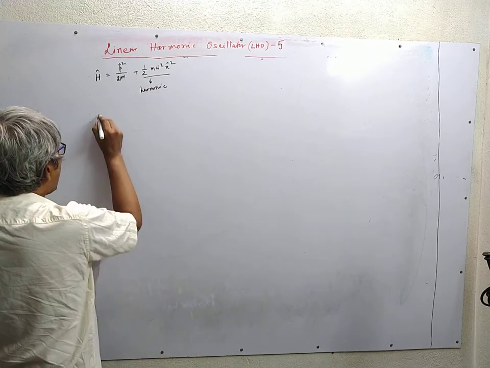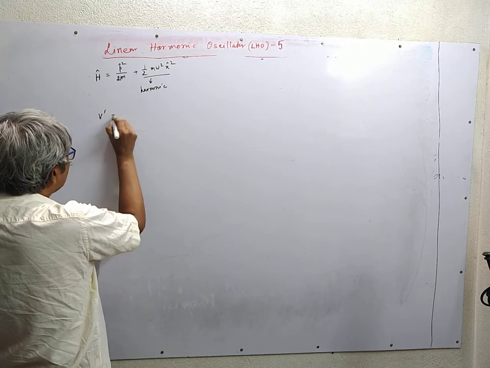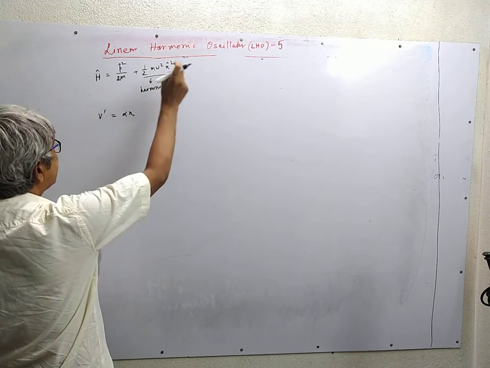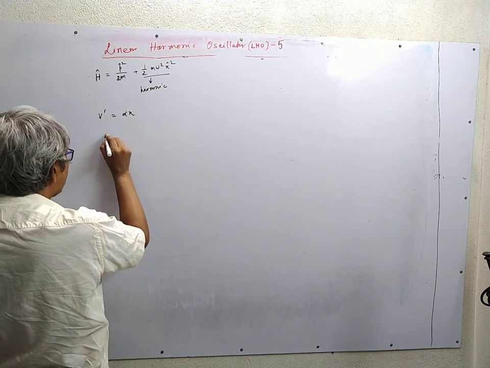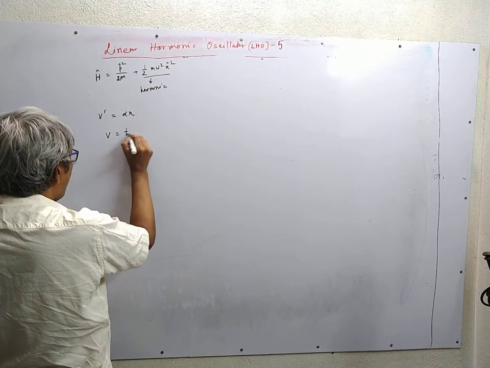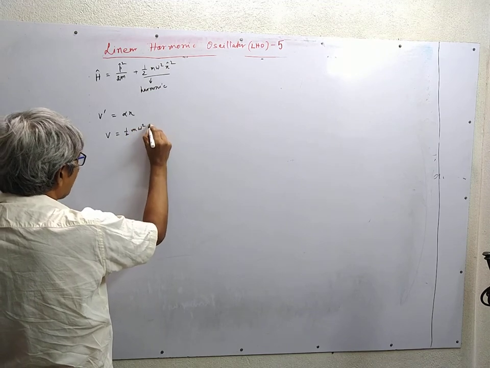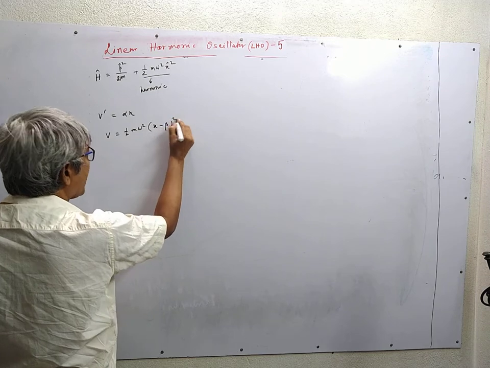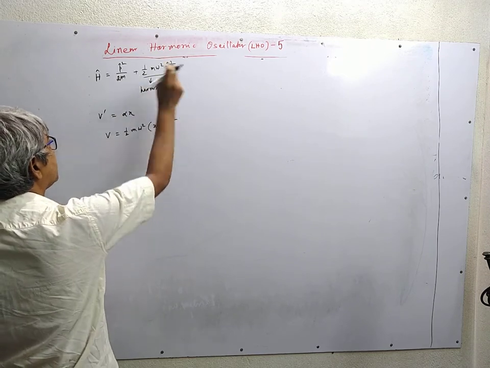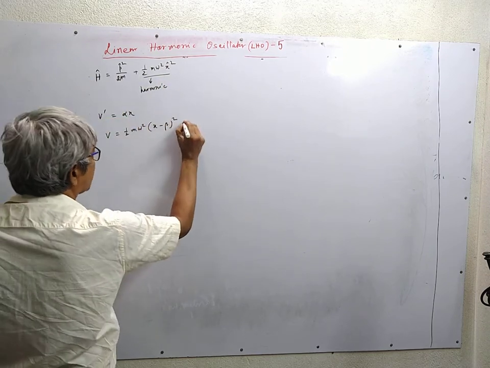Even if we add a potential V prime, which is alpha x, then this can be incorporated within this, and we write V is equal to half m omega square x minus say beta square, this term can be accommodated within this plus a constant term.